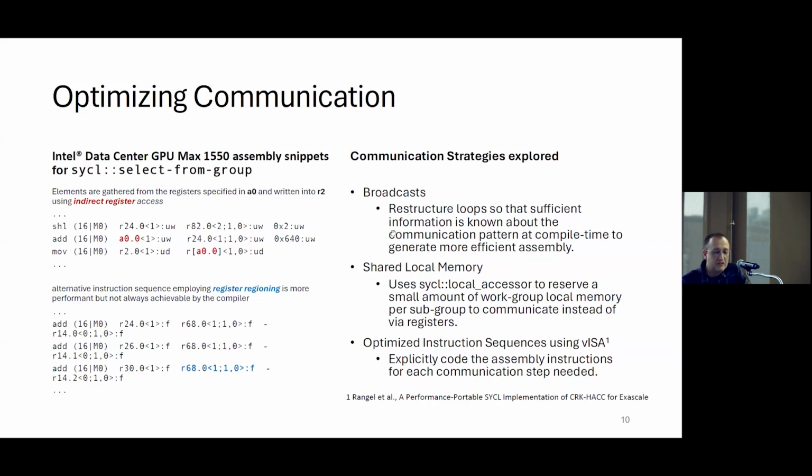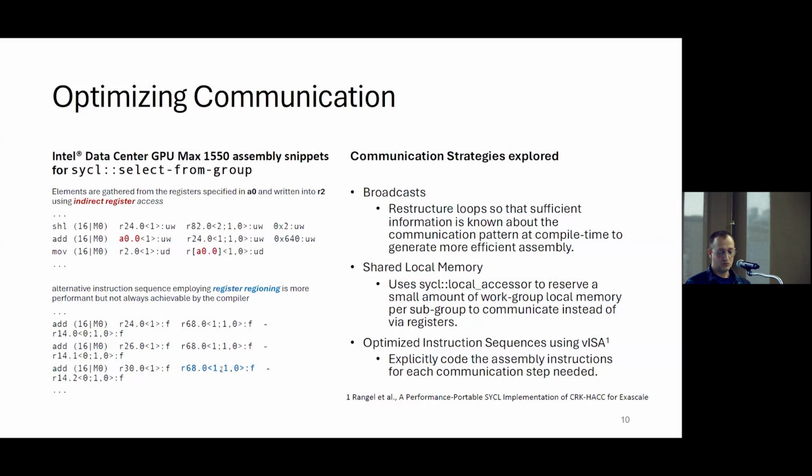So one of the things that we did was investigate the use of broadcasts. This code at the bottom shows register regioning to generate a broadcast. Essentially, what you're seeing in this last line is a broadcast.